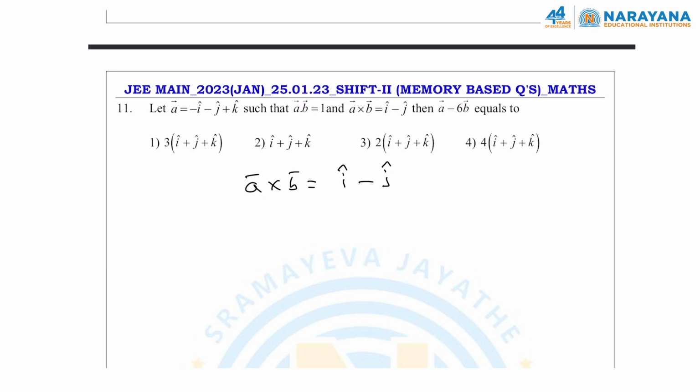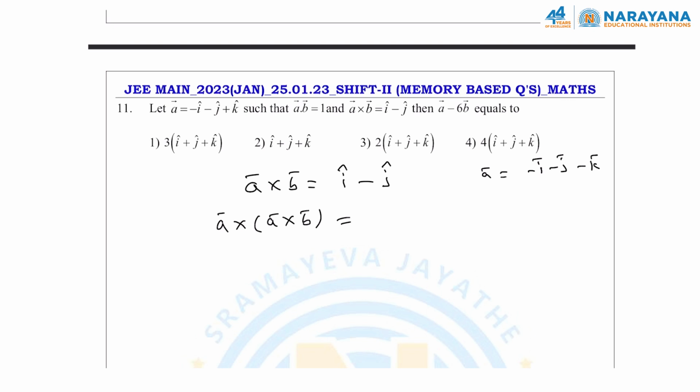So we know a bar, we have to calculate b bar. Let us take cross product with a bar on both sides. a bar cross (a bar cross b bar) is equal to, what is a bar? a bar is nothing but minus i bar minus j bar plus k bar.